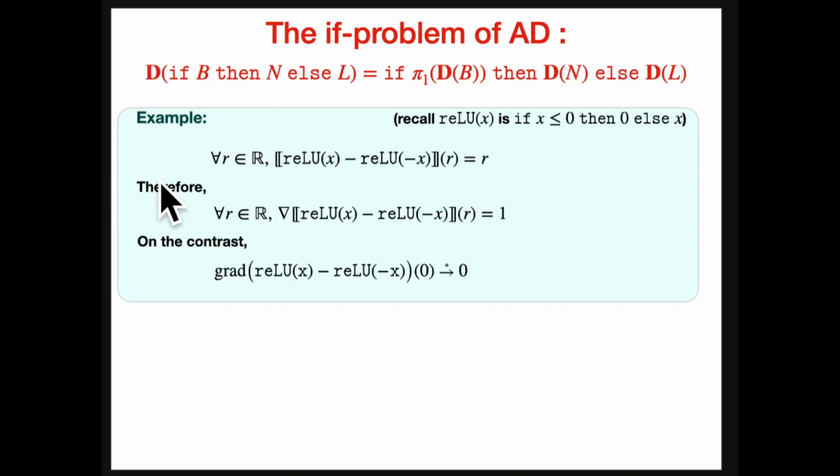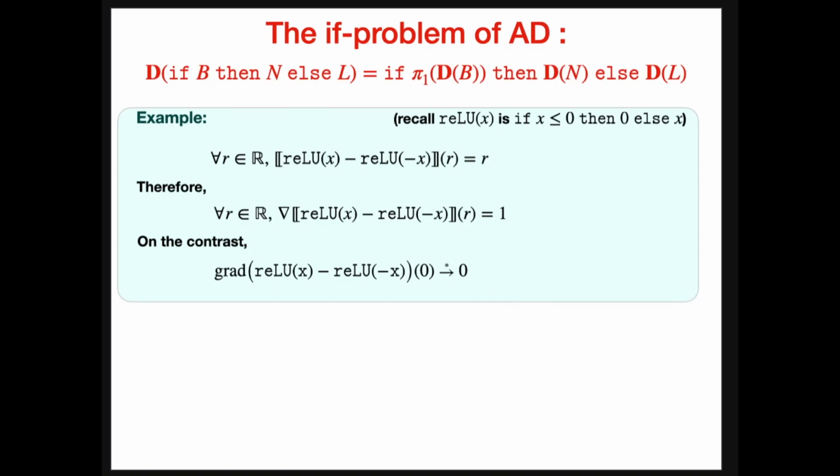However, if you now apply the grad transformation I gave you before, you can check that on 0, the grad transformation computes 0 and not 1. Because on this specific input it is giving the derivative of the then branch of this conditional, which is a constant, so of gradient 0.